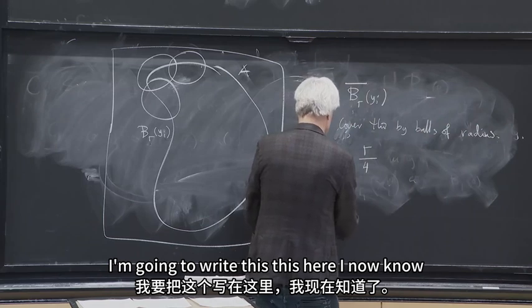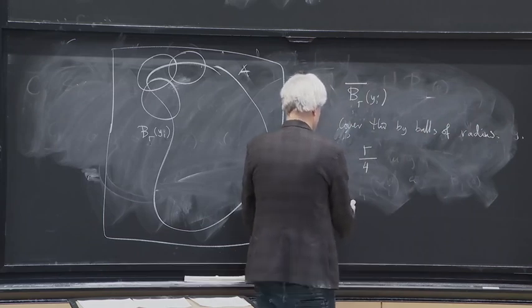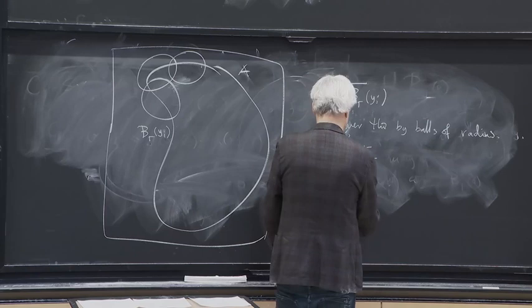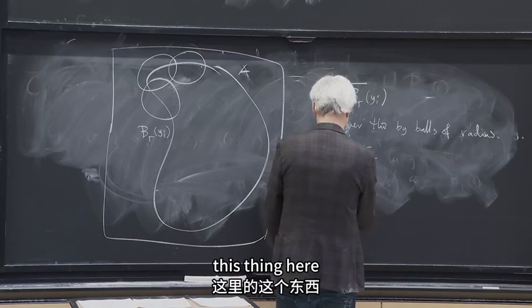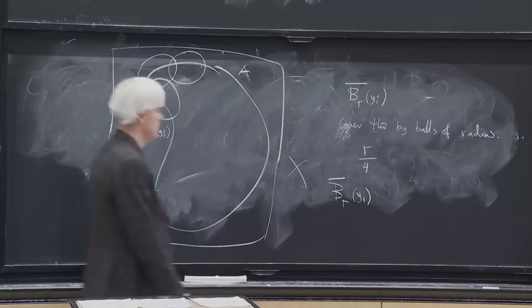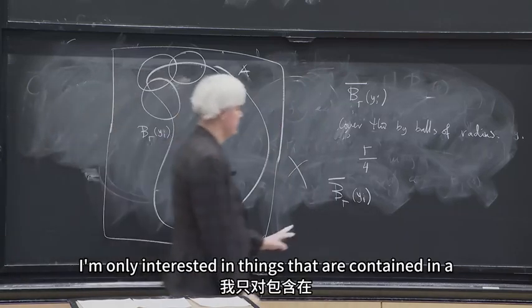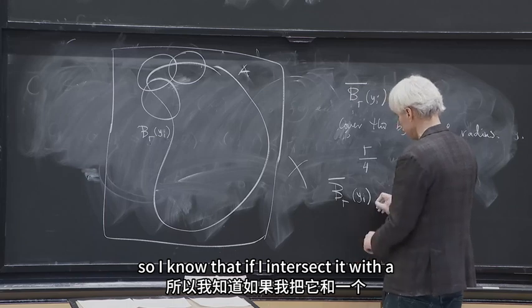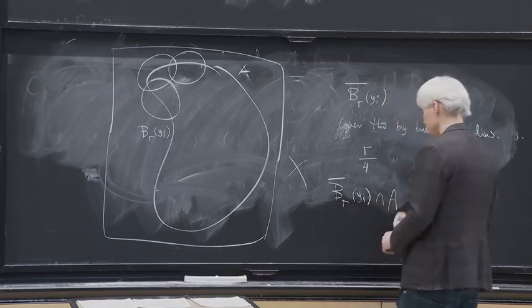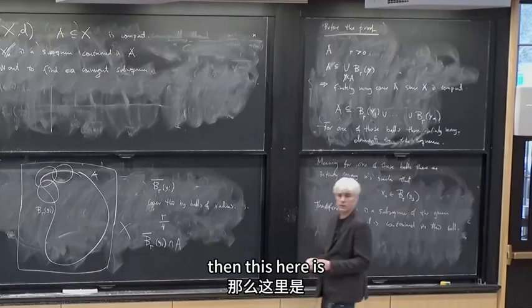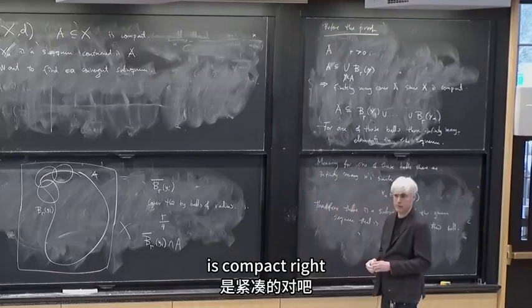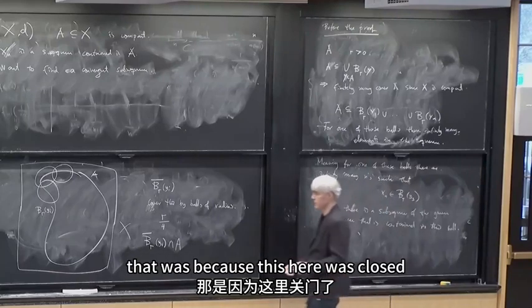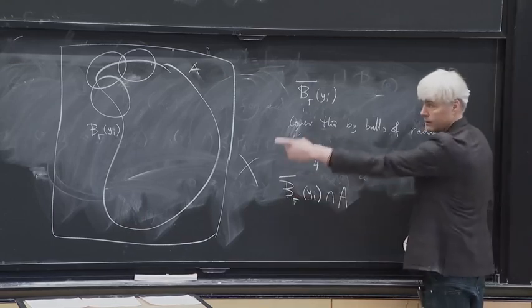So I'm going to write this thing here in the same way. This here I now know, I'm only interested in things that are contained in A. So I know that if I intersect it with A, then this here is compact, right? That was because this here was closed, right?